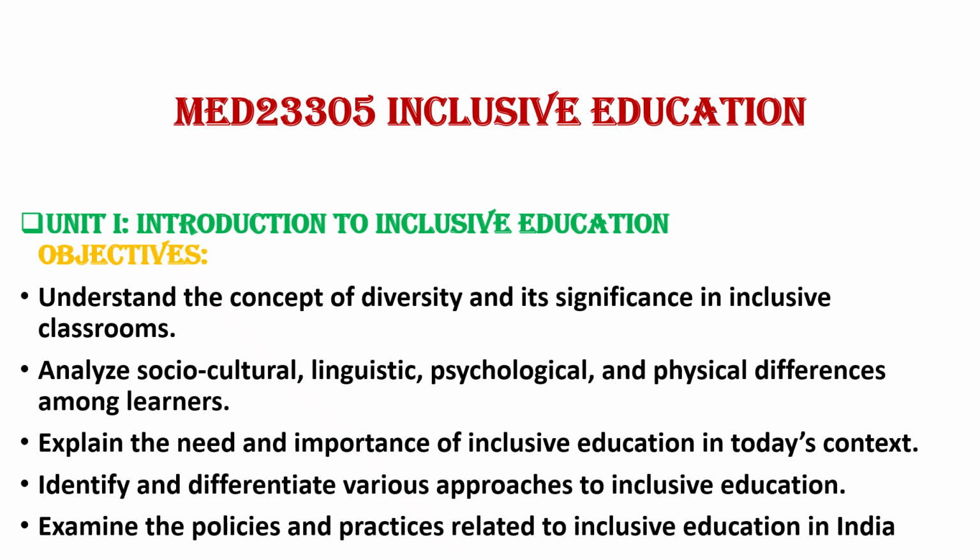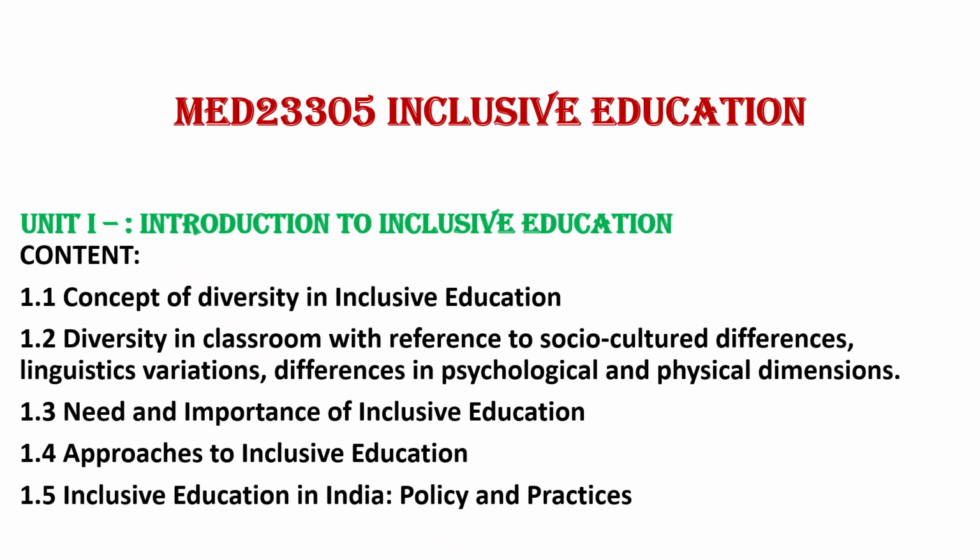These are the objectives of Unit 1, and the content we have to cover starts with the concept of diversity in inclusive education. As we all know, India is a diverse country, so in the classroom also you will find diversity.